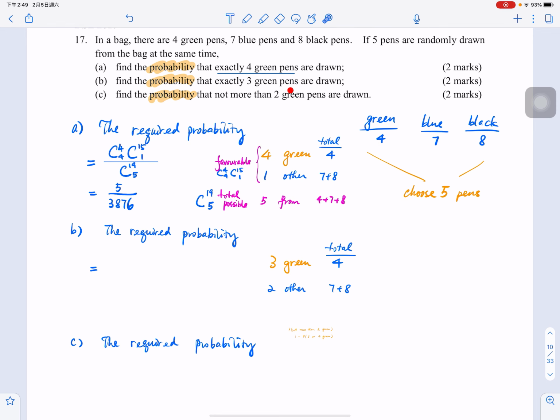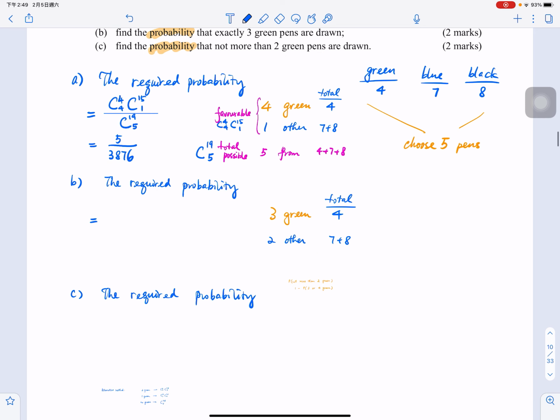Exactly 3 pens are drawn. Okay, exactly 3 pens. So again, 3 are green, then 2 are from the others. Let's have a look. 4 green pens, you choose 3.